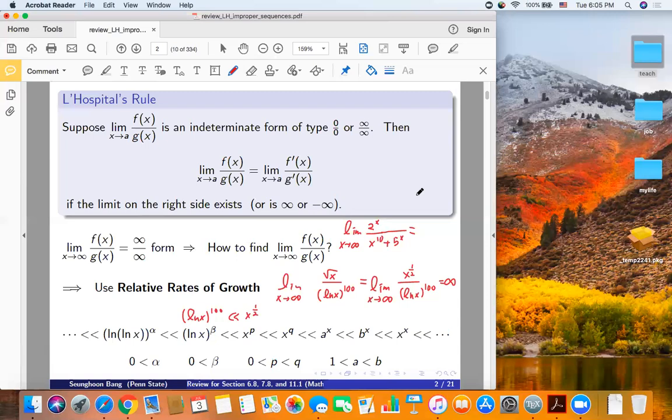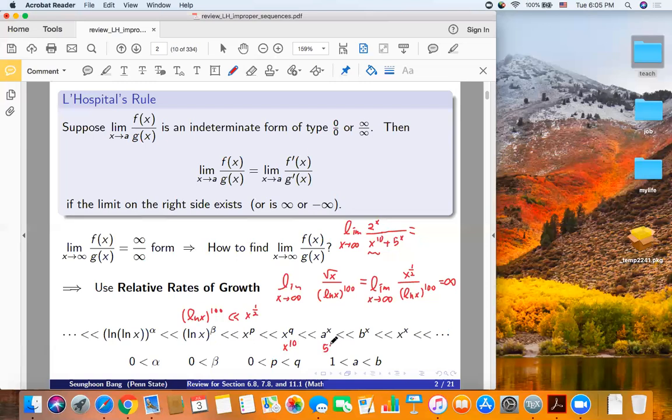Elisa said 0. Is it right? Do you have another answer? It's good. The same idea. Here, x to the 10 is here, and 5 to the x is here.